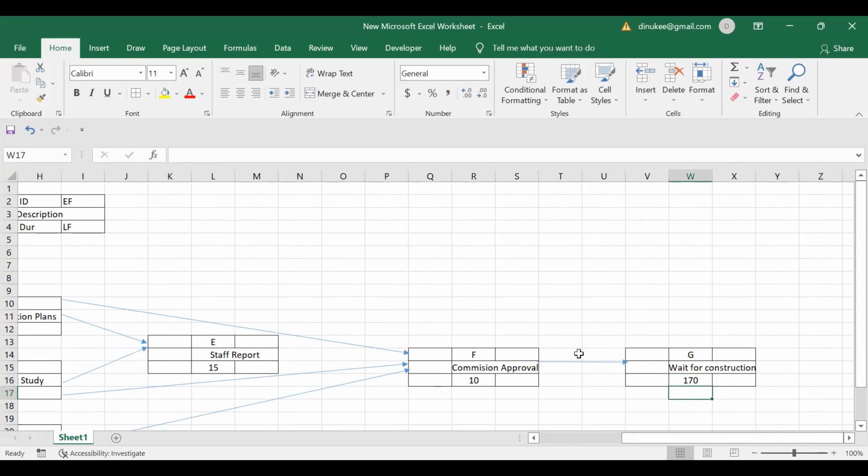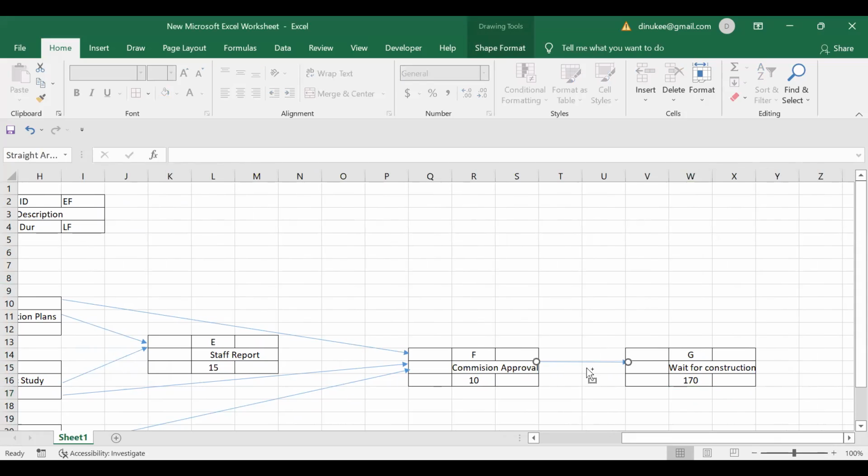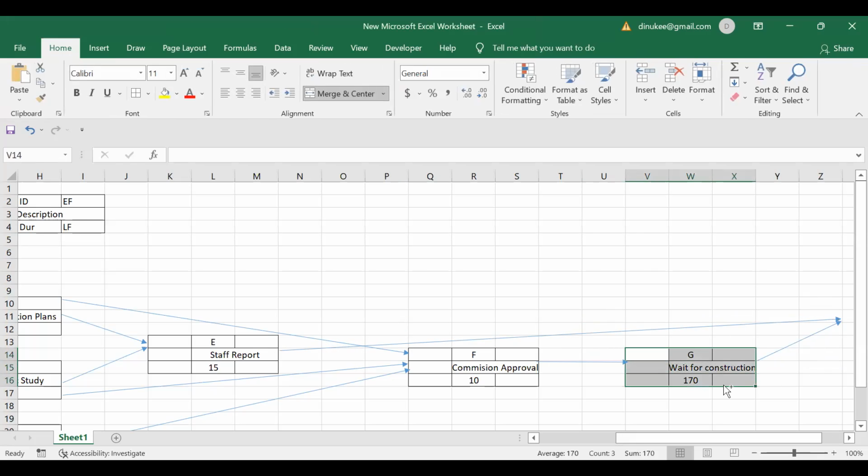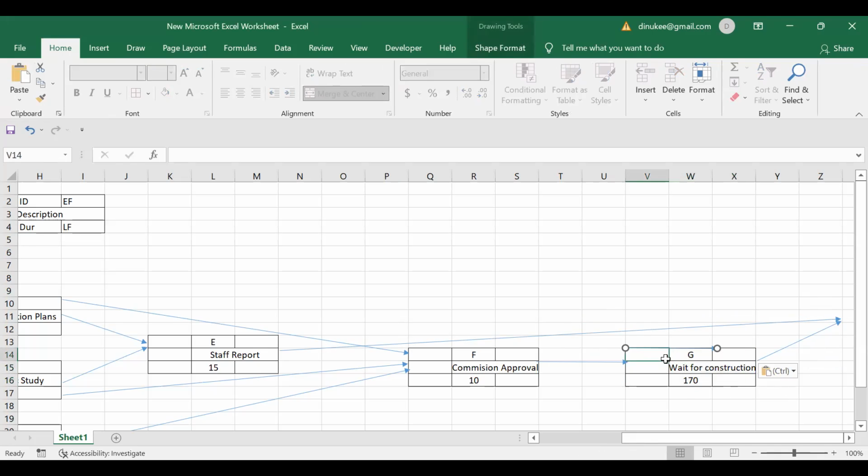So as I told you, you can cross these arrows when you are using the activity on node approach, right? So it is coming from E and G. After completing E and G activities, you can start to do the H activity.